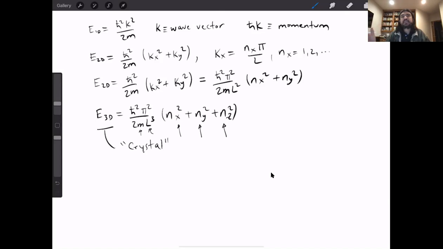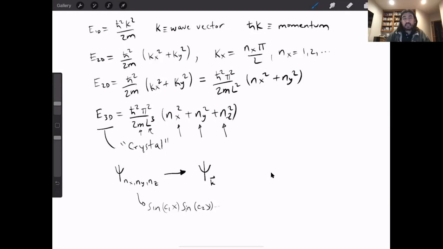So another way to solve it is to assume that the wave function is going to be represented by this wave vector of the system. In 3 dimensions, this is given by nx, ny, and nz, and it can also be given by this one. Now I'm just going to use the vector form of it. This is the one that gets written with sine of a constant times x, sine of another constant times y, and so forth.